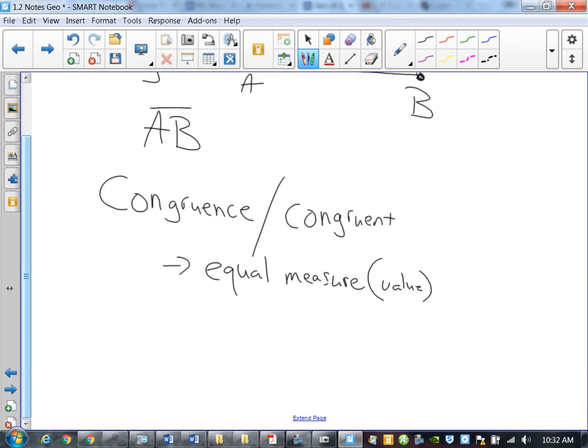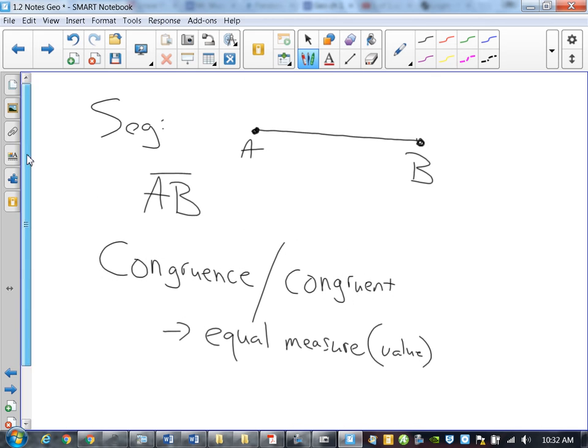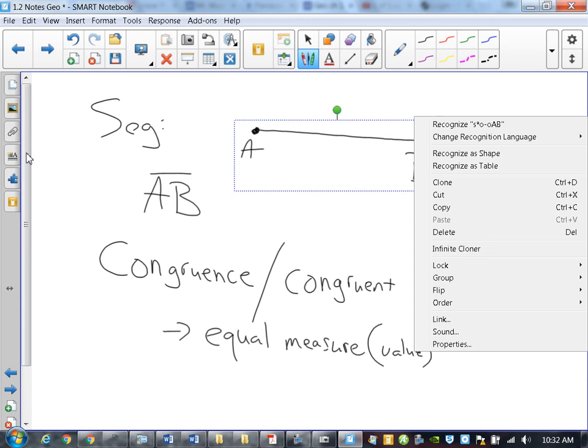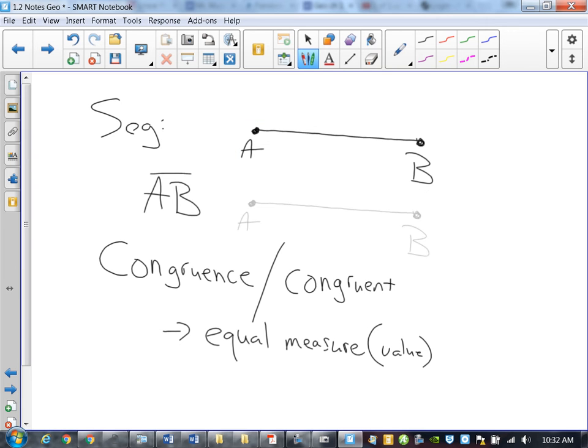We use congruent when we're starting to talk about segments. Two segments are congruent if they have the same length. Same idea like that. So if this was one segment here, and now this is segment CD.